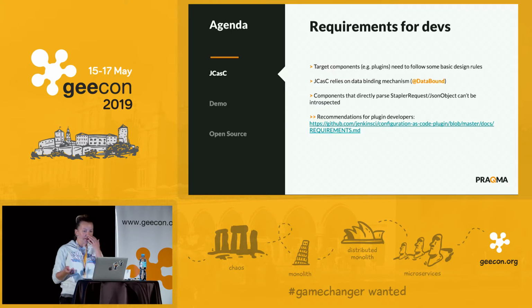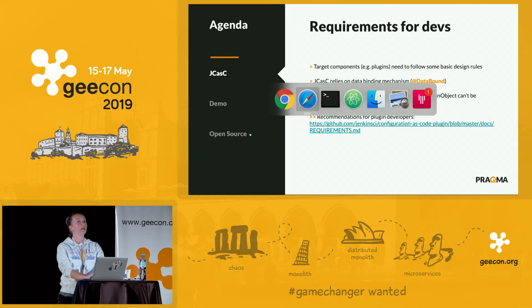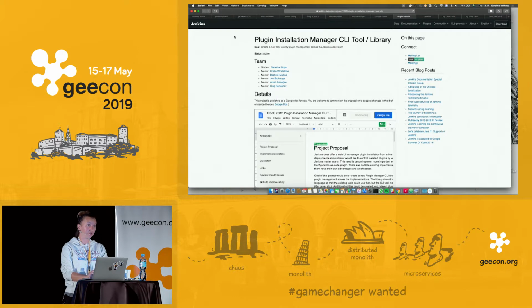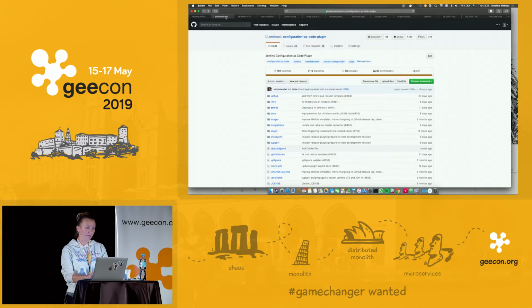Those are some basic design rules that are described in the linked document. But in short, the plugin relies on the data binding mechanism, and components that directly parse the Stapler request or JSON object can't be introspected.